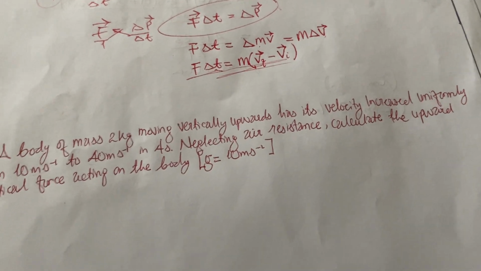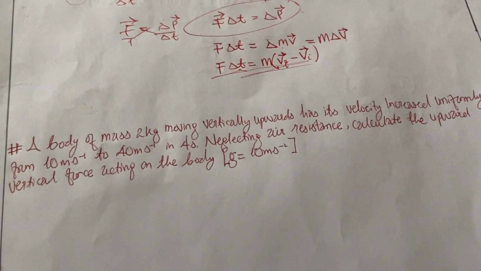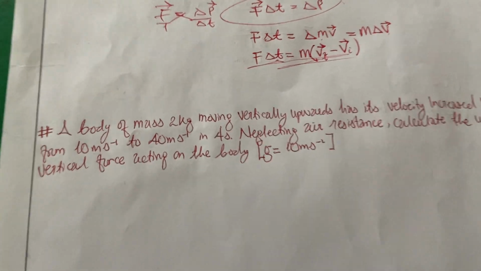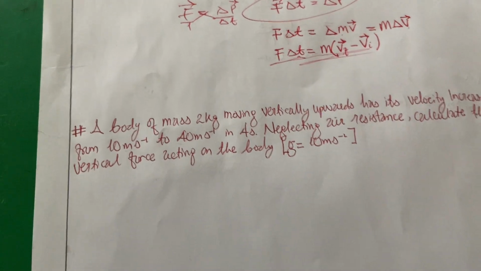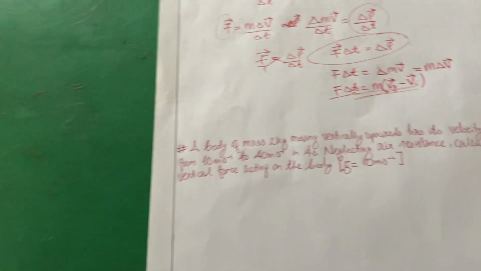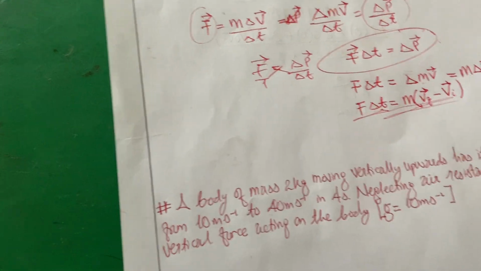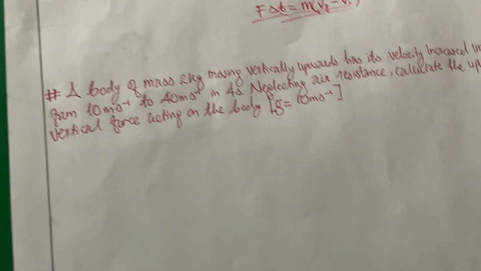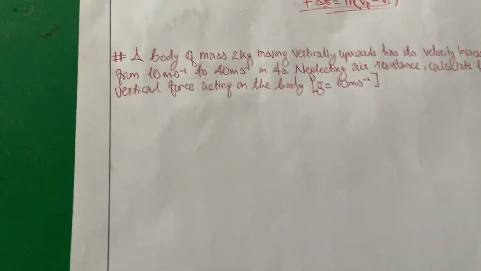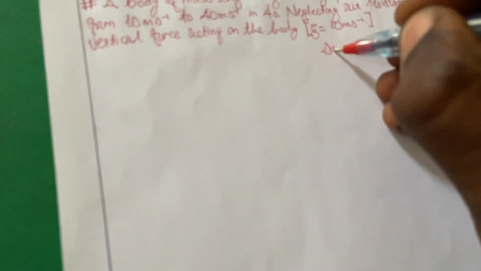Neglecting air resistance, calculate the upward vertical force acting on the body. And we're given that acceleration due to gravity is equal to 10 meters per second squared. To solve this question and not get confused, it's very important we bring out our parameters.